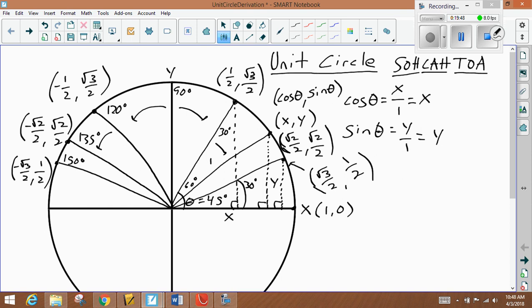Down here in quadrant 3, both your x and your y coordinates will be negative, but they'll be the same, if you're going to follow the same pattern. It follows a nice, neat pattern.